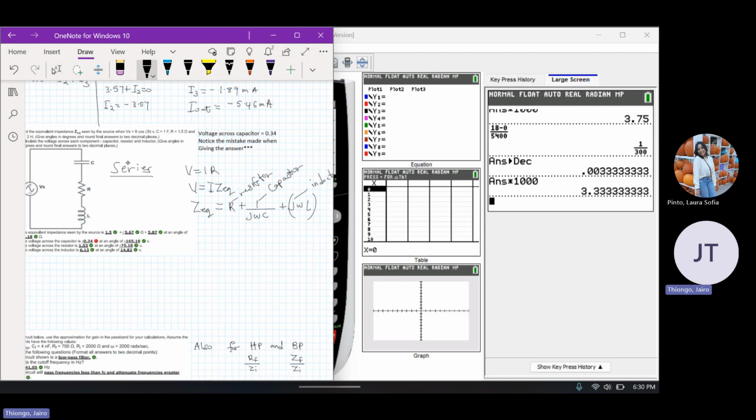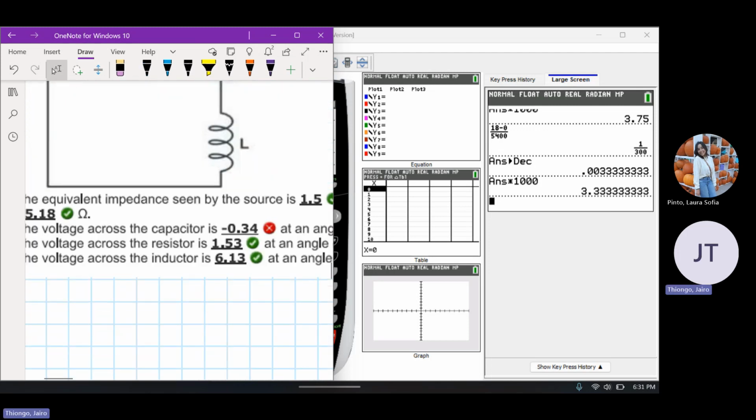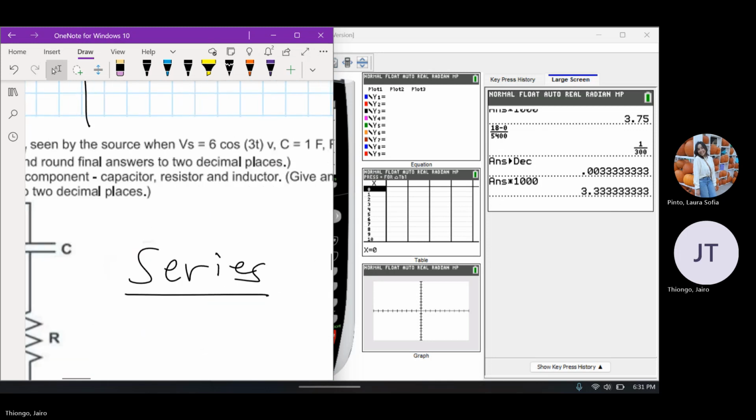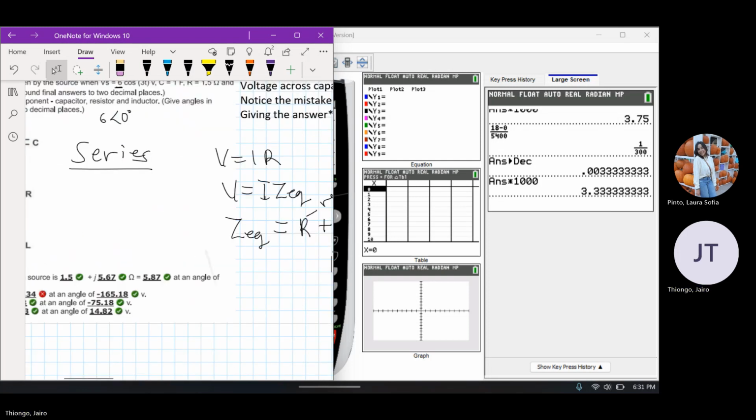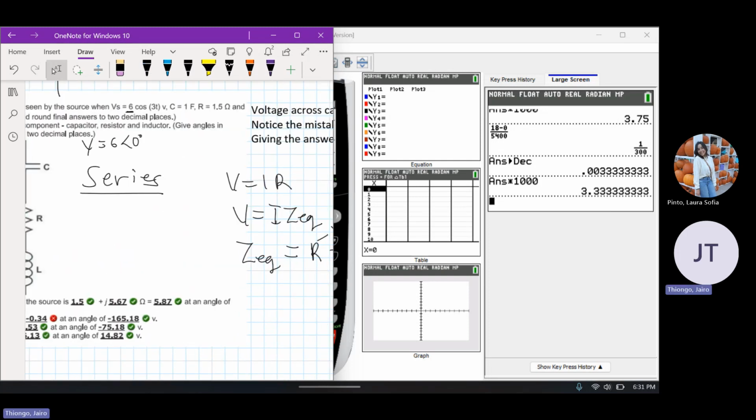So VS, as you can see, is given as 6 cosine 3t. Essentially what this means is you just take 6 at 0 degrees. It doesn't have a phase shift. So it will be just the amplitude represented by 6 and 0 degrees, and you'll take that as your voltage.